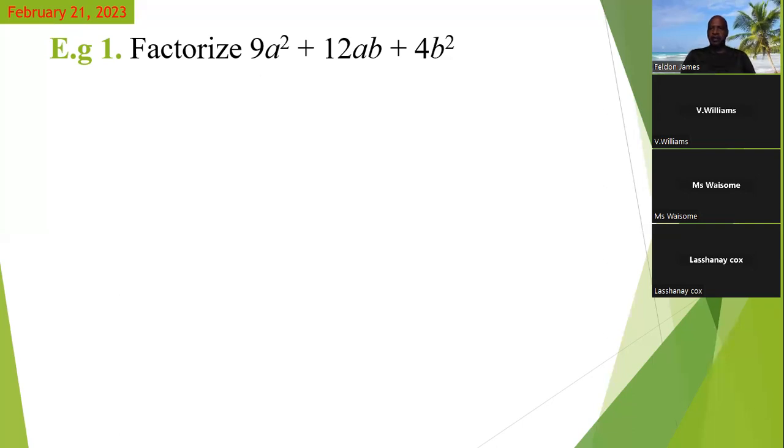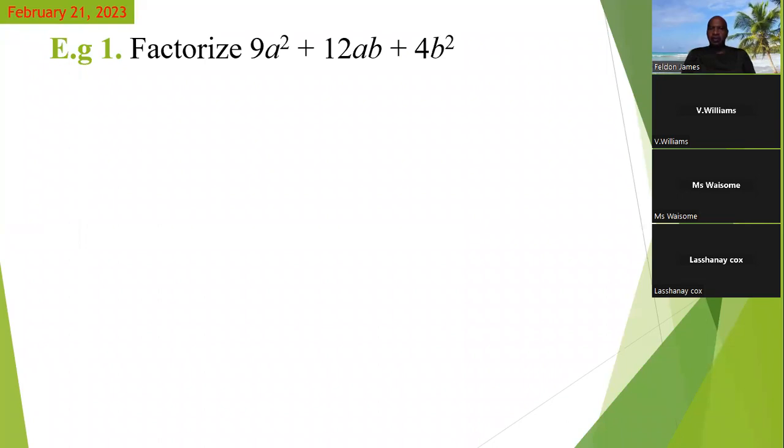Is it a perfect square? Yes, sir. All right, give me the reason for your answer. For the first term, sir, it is squared, and the last term is squared as well. All right. And it says that a perfect square in an expanded form can be identified by the first term being squared and the last term being squared.